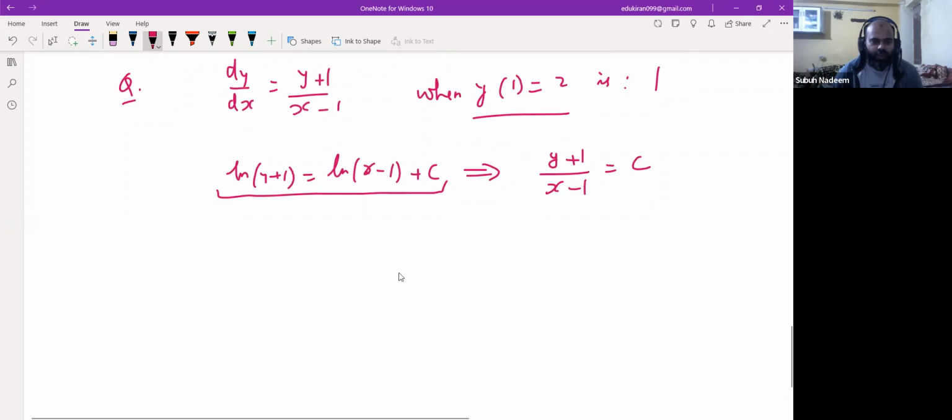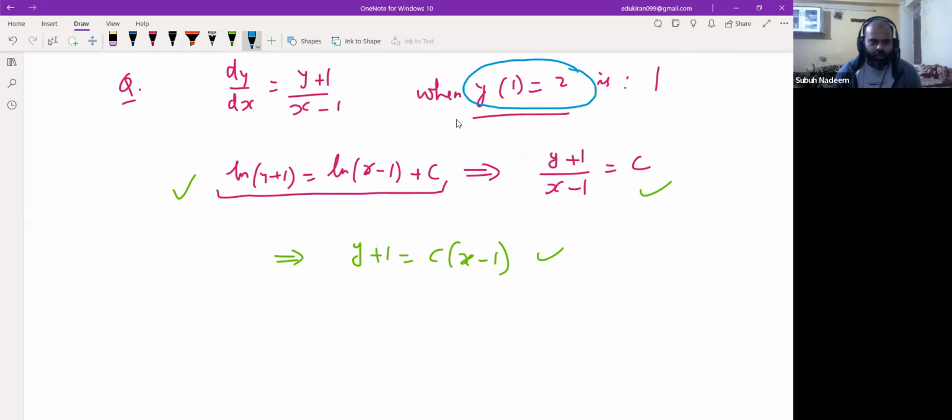Whether you take this one, or this one, or this one, in all these three cases, you can't take this condition, because x is equal to 1 here will make log of x minus 1 as log of 0, which is undefined.